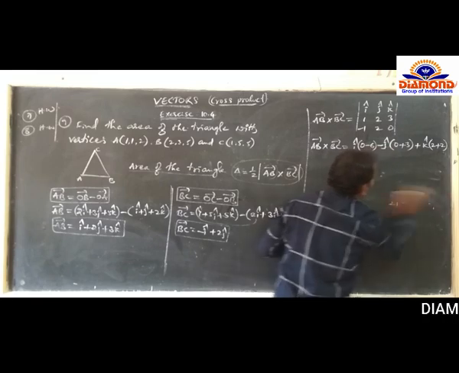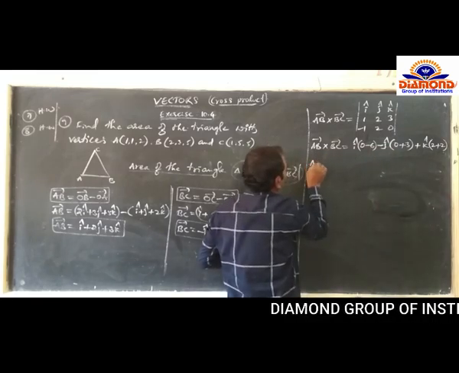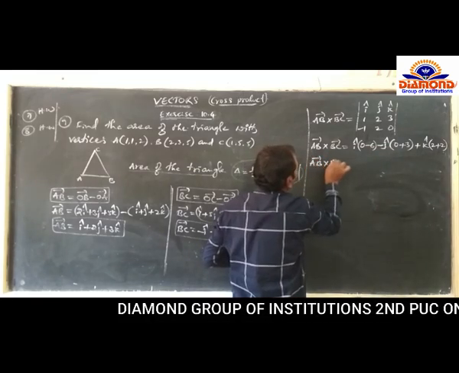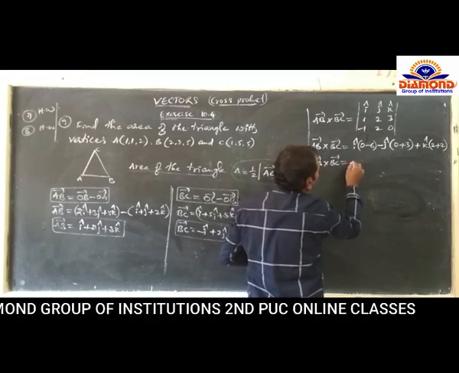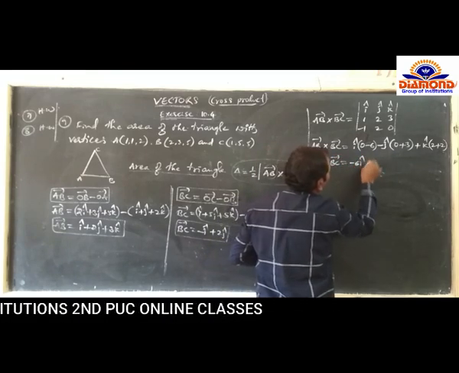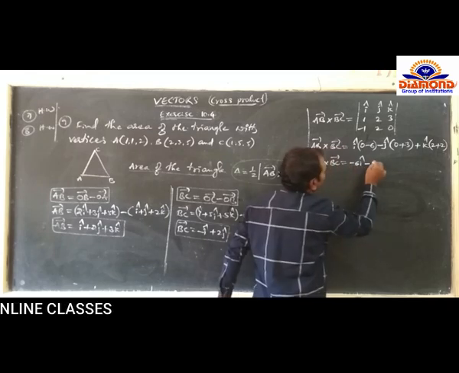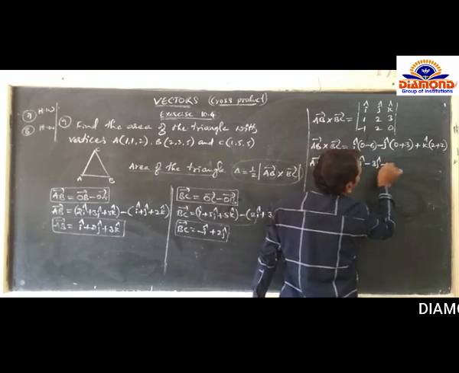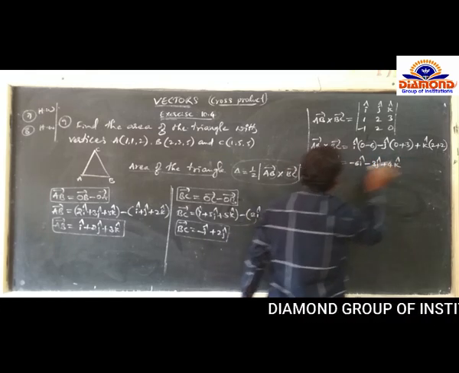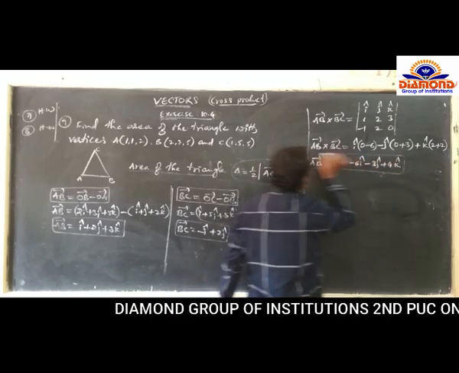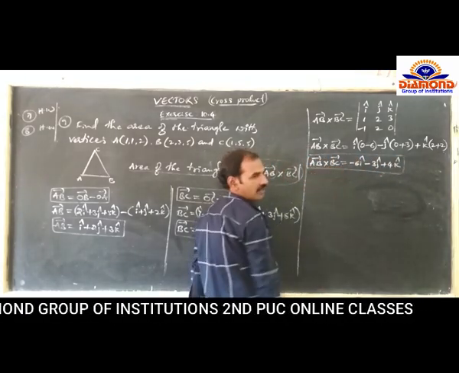So here AB bar cross BC bar equals minus 6 i cap minus 3 j cap plus 4 k cap. So this is the AB cross BC vector.